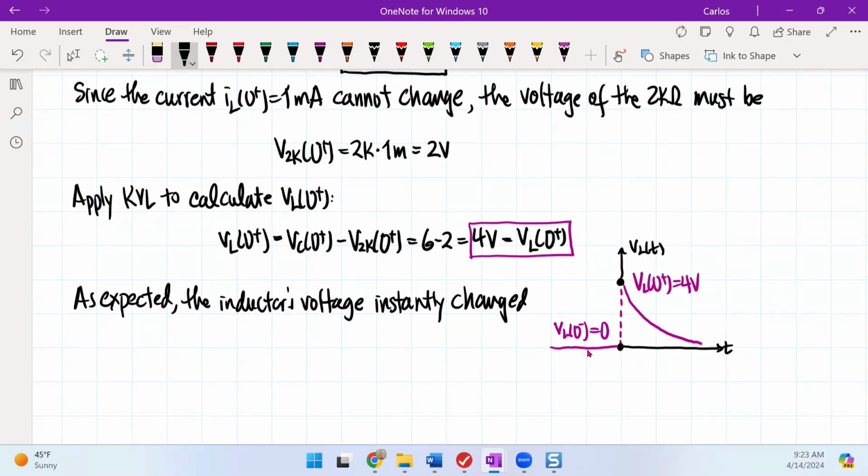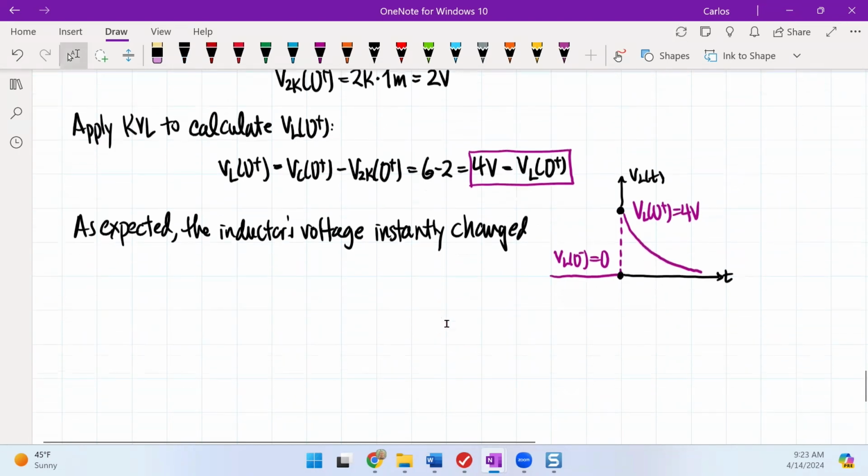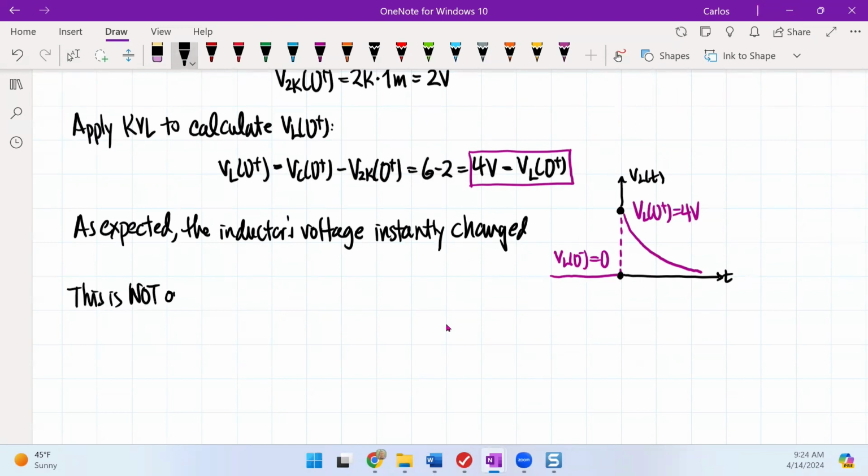But we won't talk about that nature of the curve. It could be more complicated than that. So we have to look at the cases where that happens. But that's not our initial condition. This is not one of the initial conditions.